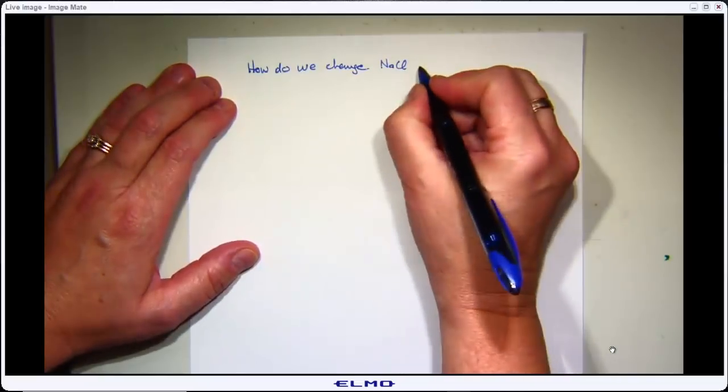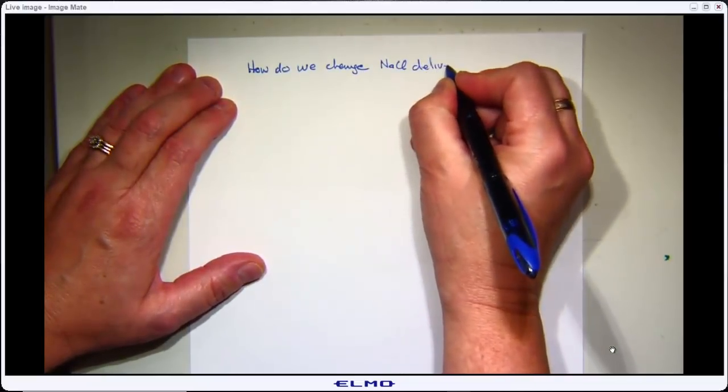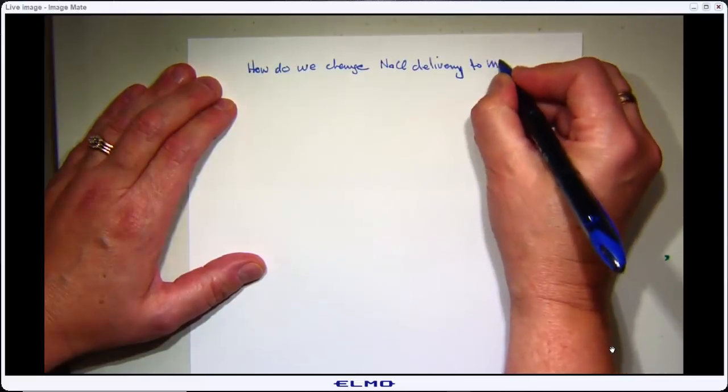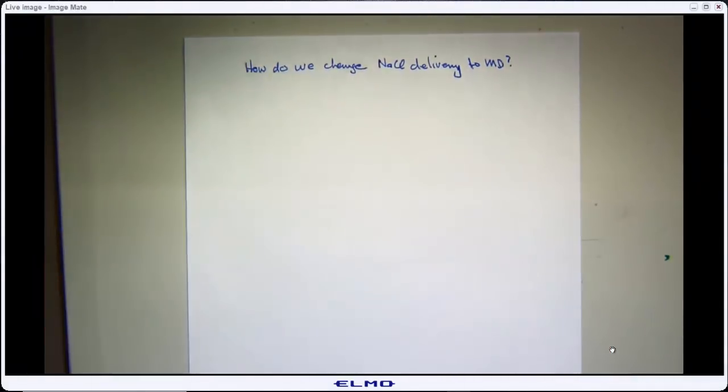How do we change sodium chloride delivery to the macula densa? We change tubular flow.